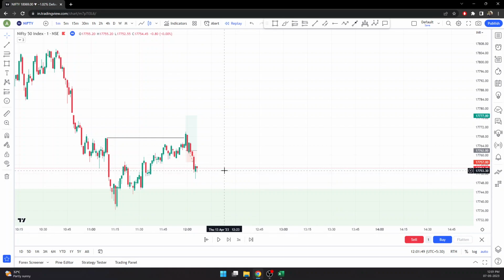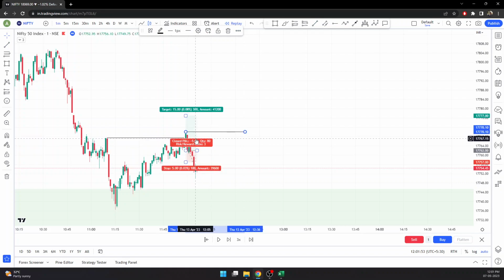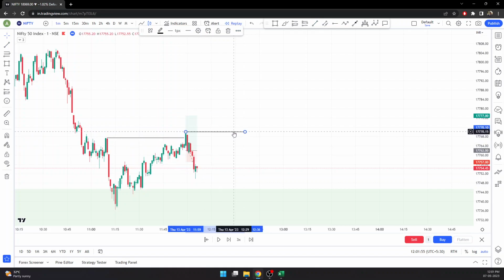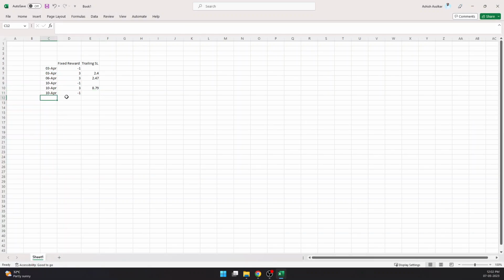So in order to go for buying again, I would expect market to break this particular level now. Let me add this particular 13th of April -1. Okay.